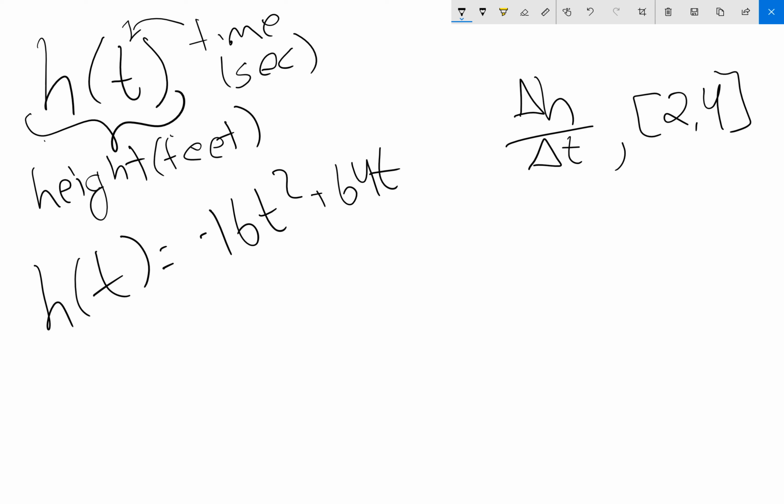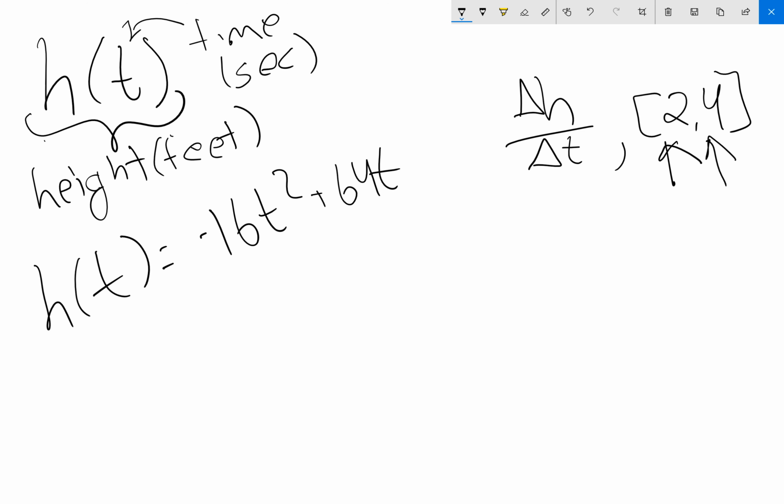I'll give you a second to think about how we should start this problem. Since this is a video, even if I don't say, okay guys, think about this for a second, feel free to pause the video and try to work out problems on your own, because that's going to really help you out. So what values are these?